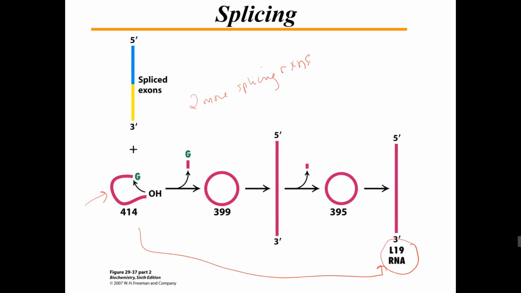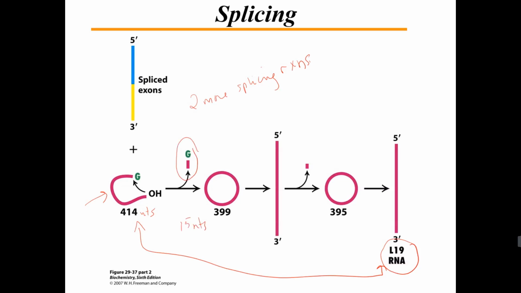And basically, this initial intron of 414 nucleotides will circularize after it's carried out the transesterification reaction and lose 15 nucleotides.